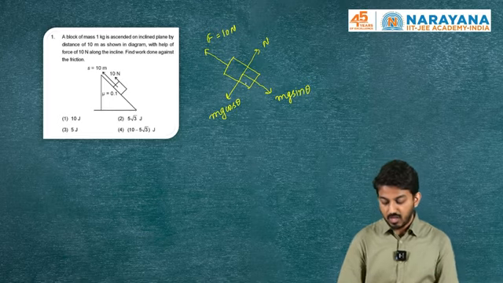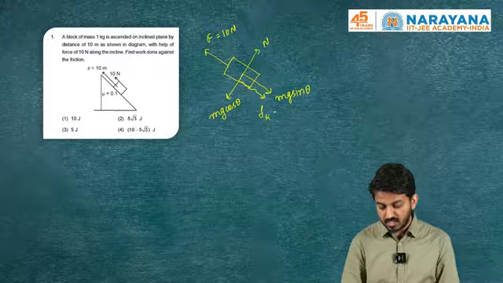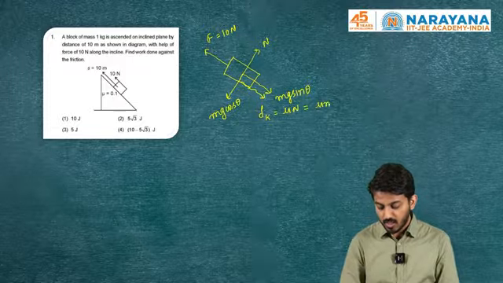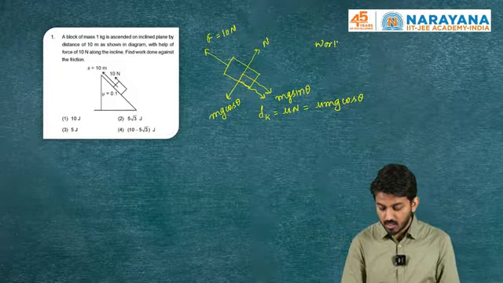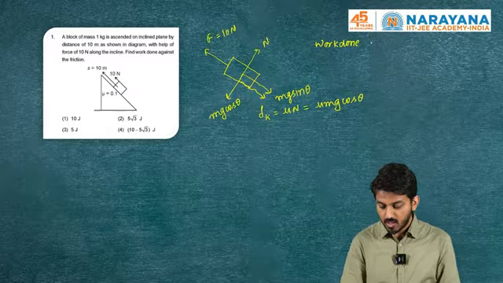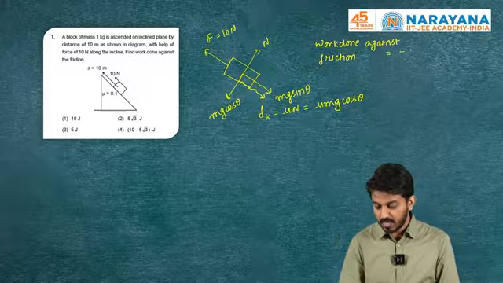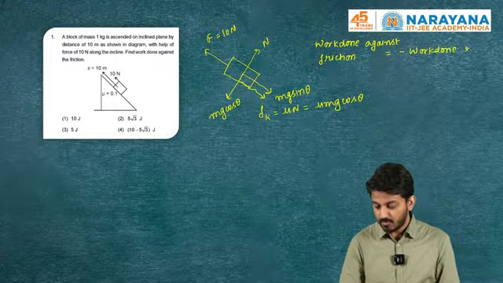As the block is moving up, the friction on this one will be downward. As it is moving, it will be kinetic in nature, and the value is going to be mu N, which is equal to mu mg cosine theta. Now, work done against friction is equal to negative of work done by friction.